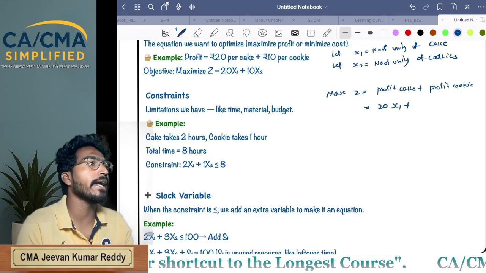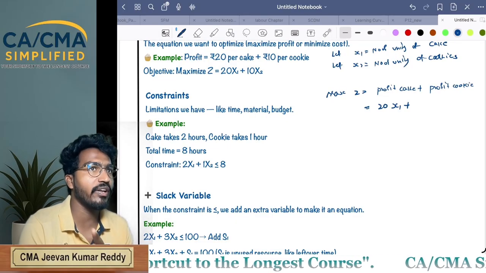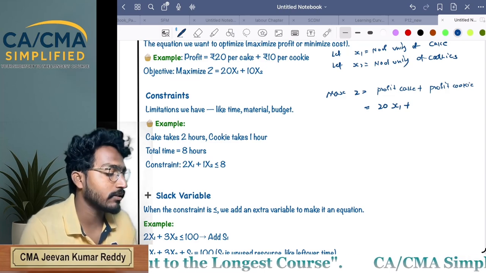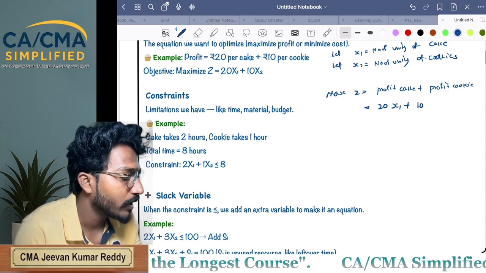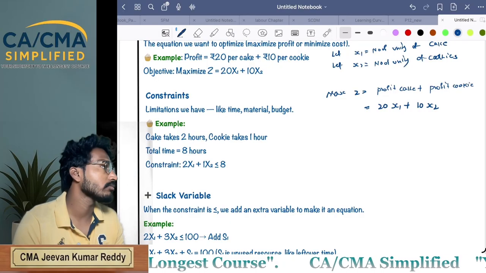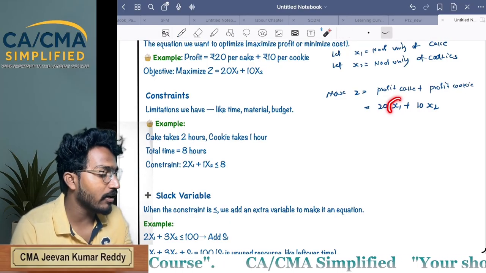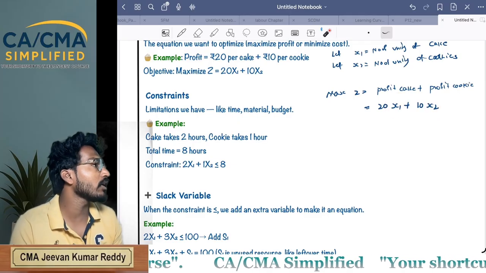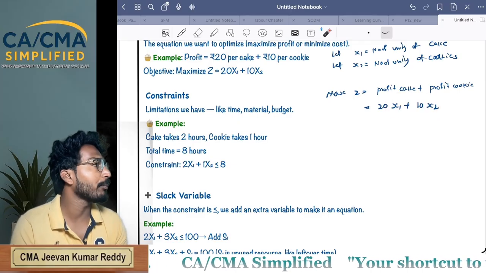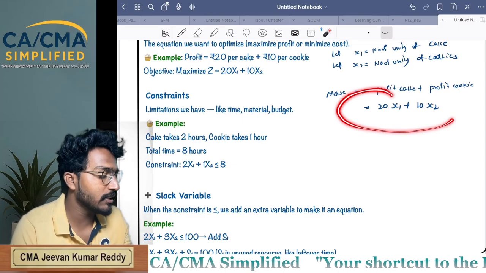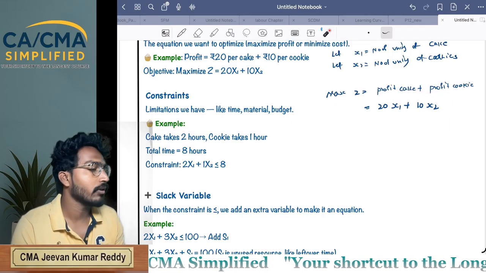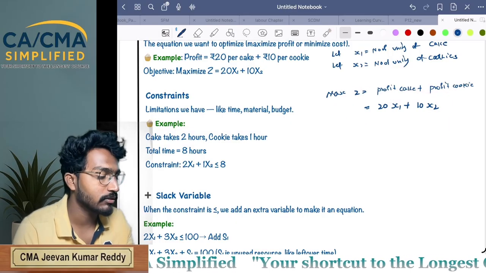That is 10 into x2, that is our profit. So if you get the values of x1, x2, you will get the total profit of the bakery. This is our objective, with some constraints.